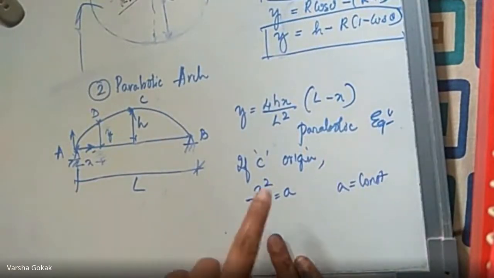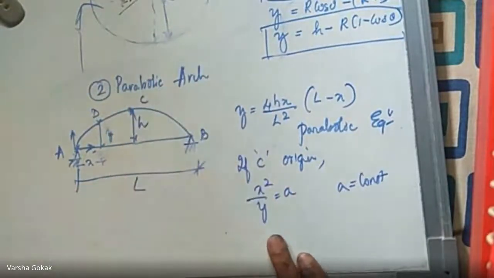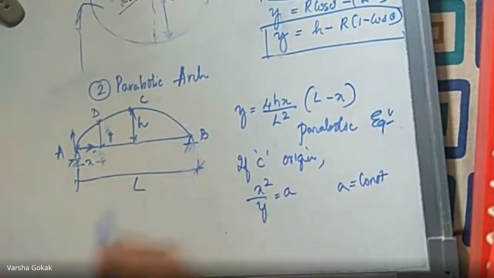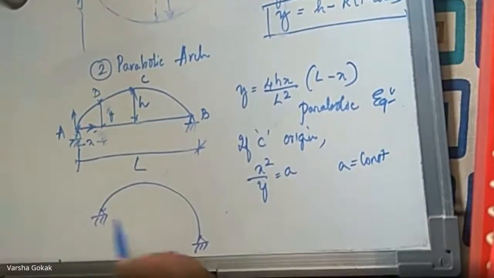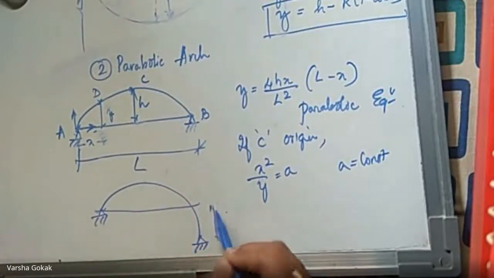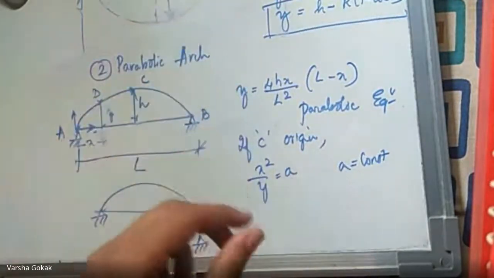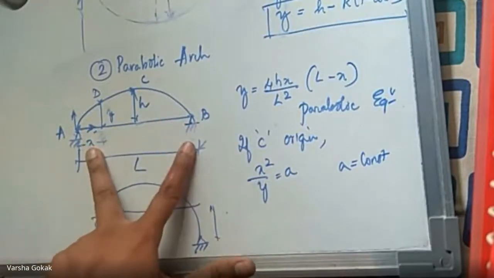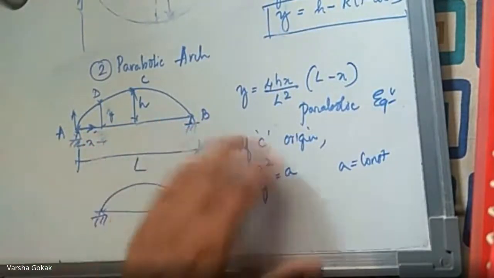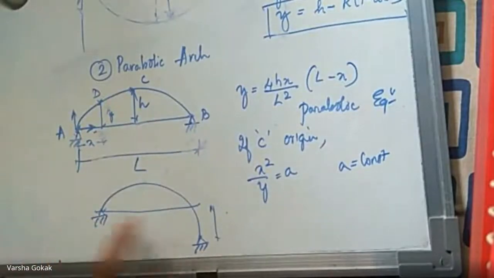Now, in a parabola, I have two cases again. These two are at the same level, or I can have a condition where they both are at different levels like this. So there is a difference in the levels. So in parabolic or even in circular arches, the abutments or springing points are at the same level, meaning at the same heights, or at different levels, that is different heights. There are two conditions.